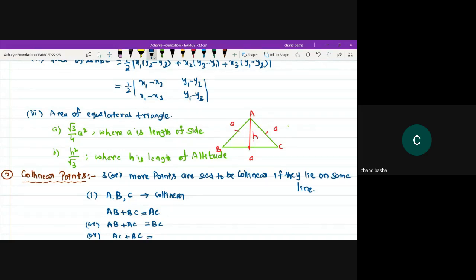I use this concept especially in 3D geometry. It is not necessary to take only AB plus BC; you can rotate them in cyclic order. If any one of these three properties is satisfied, then the given points are collinear.